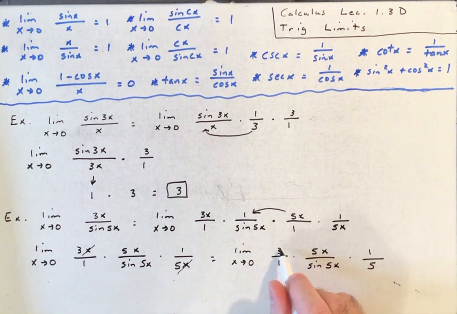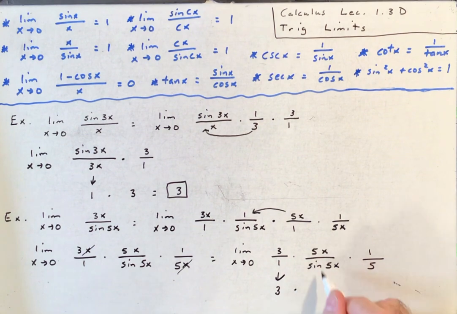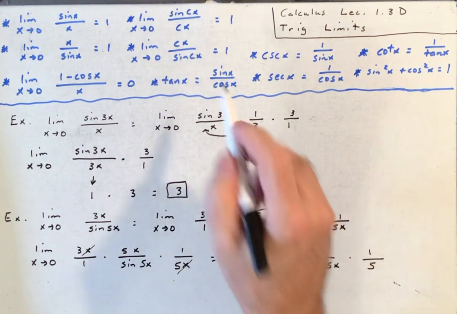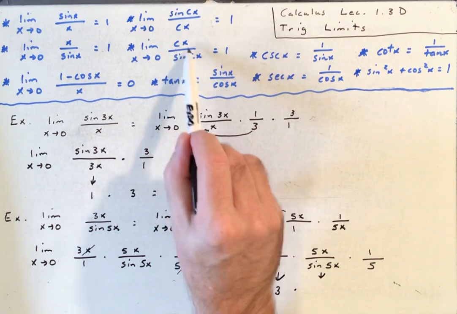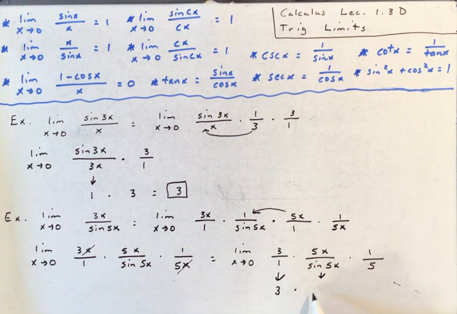Well, the limit as x approaches 0 of just a constant is that constant, so that would be 3. This 5x over sine 5x is just this formula, so that's 1. And then the limit of 1/5 is 1/5. So the answer is 3/5.